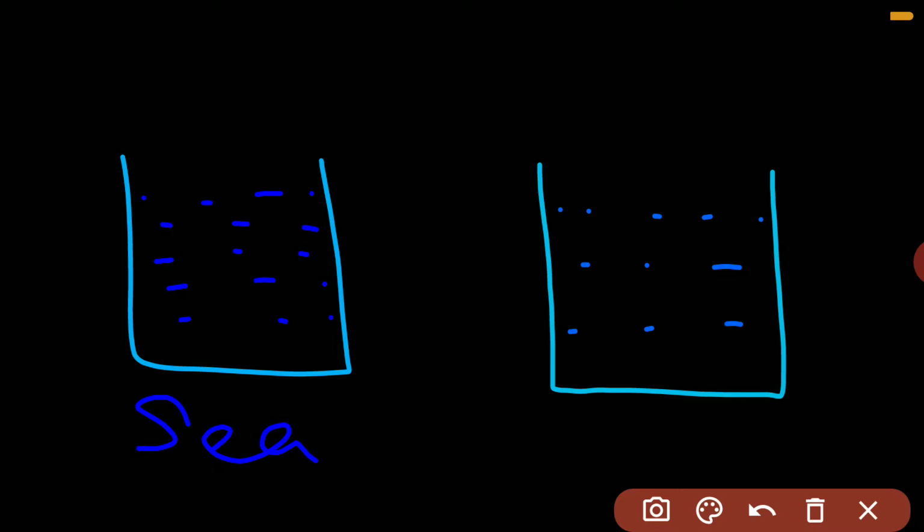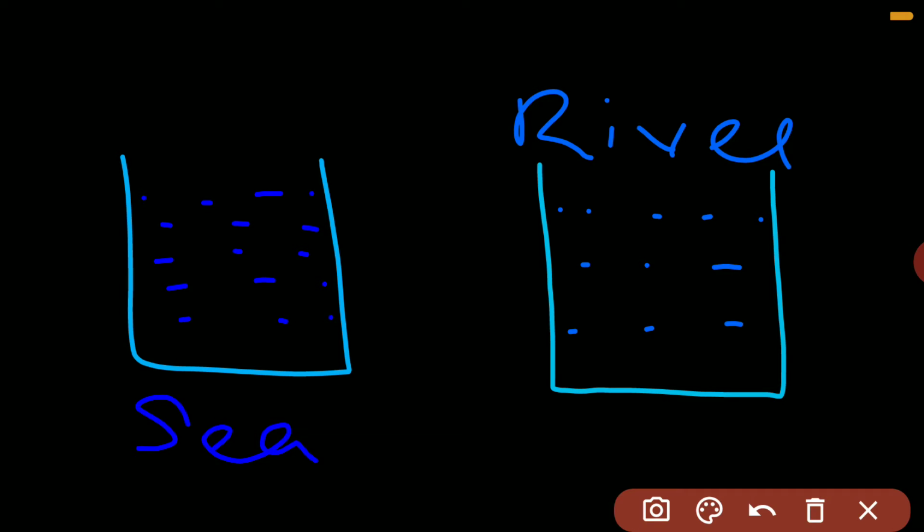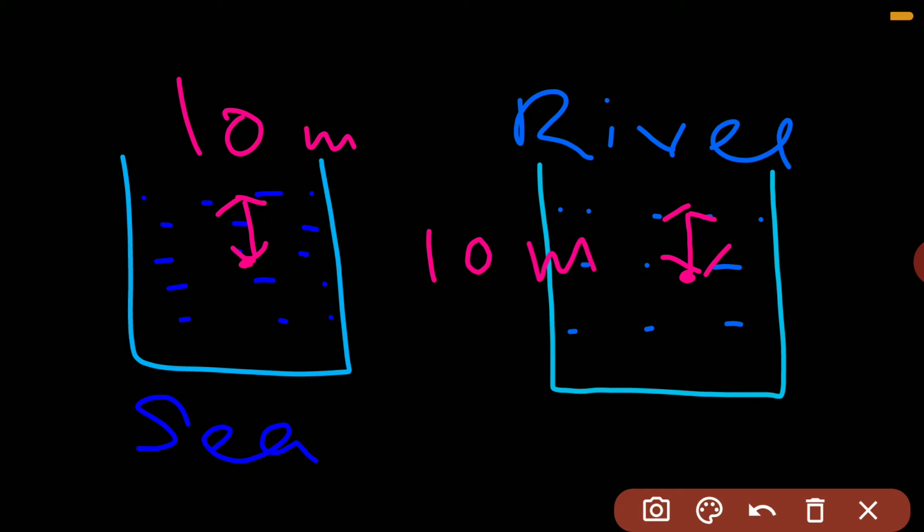So this is river water. Suppose there is one object here at a depth of 10 meters, and we have another object here which is also at a depth of 10 meters.